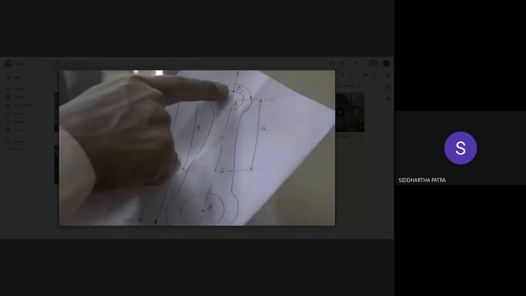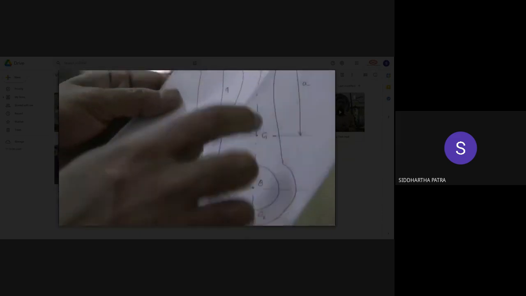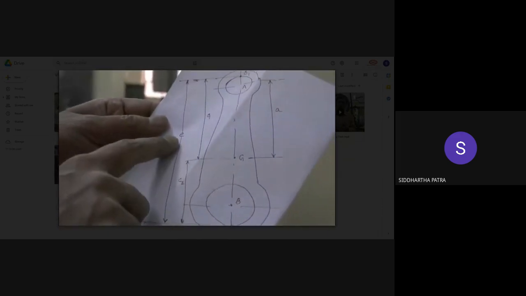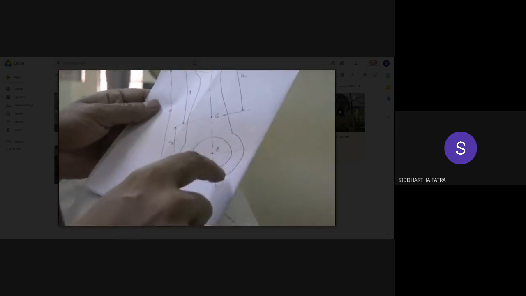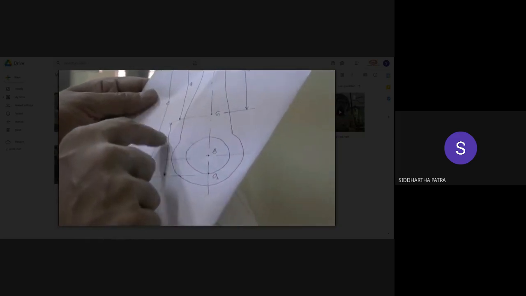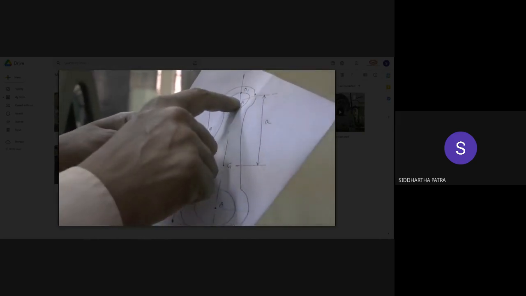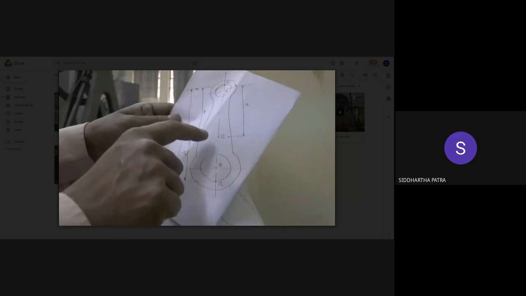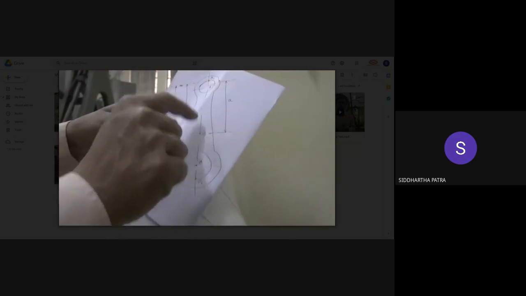So this is the line O1 A G B O2, and from O1 to O2 the length is E. From O2 to G it's C2, and O1 to G it's C1. And from the center of the small end to the mass center is A.